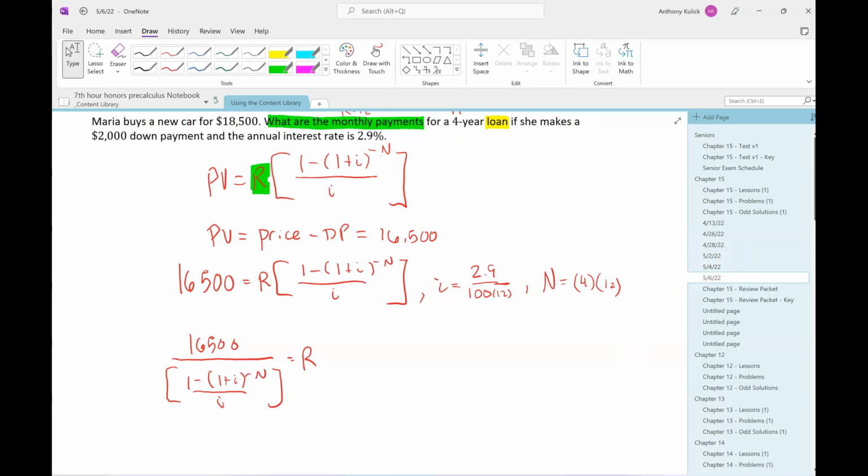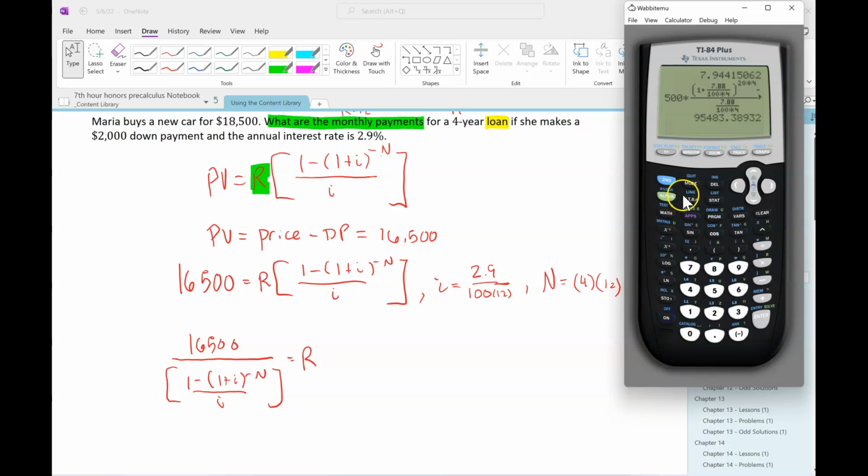Again, I'm going to use that fraction command on my calculator. And if you have not been using it, this is the one where, boy, this makes life so much easier. So I have a fraction, and then in the denominator of the fraction I have another fraction. And then in that fraction, I'm going to have a fraction.